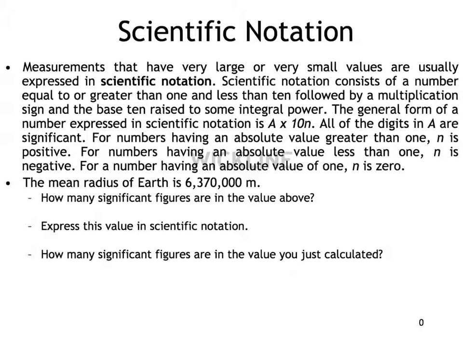In other words, it has 1 digit to the left of the decimal, and an infinite number of possible digits to the right of the decimal. And then you have a times 10, and then that n is an exponent. It could be 0, 1, 2, 3, 4. It could be a negative number as well. No rules on what n can be, but it should be an integer.